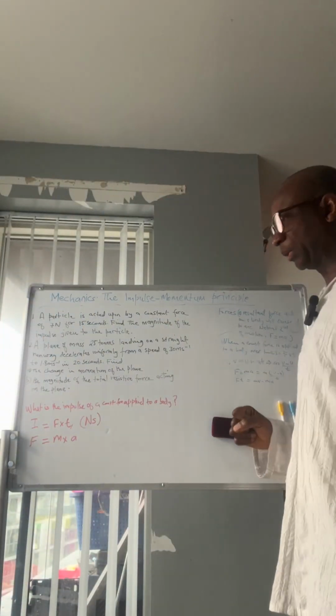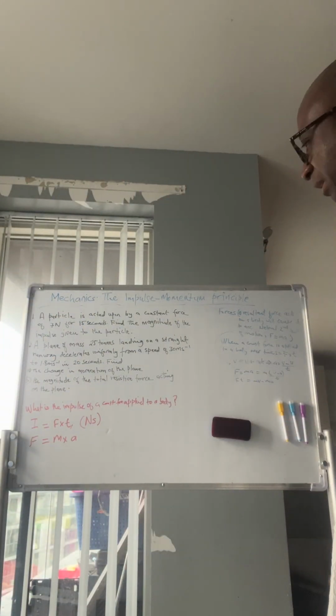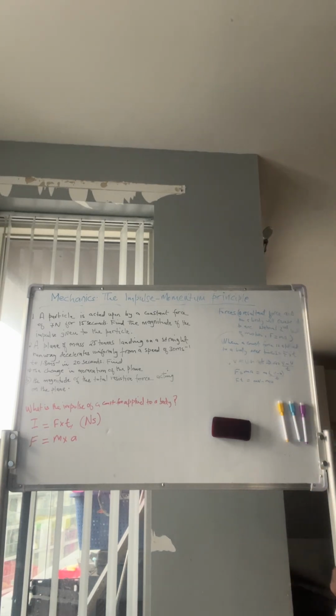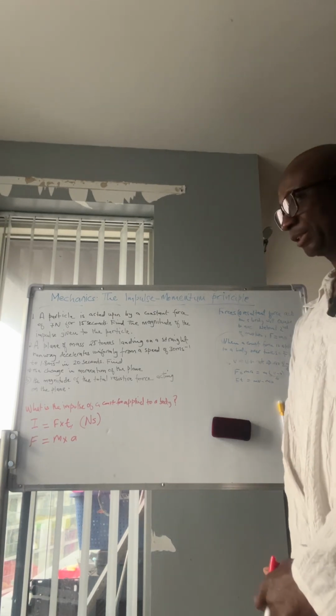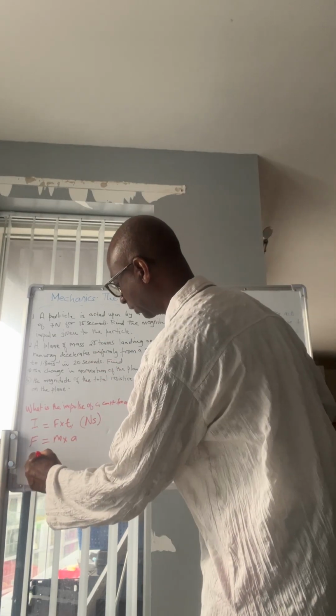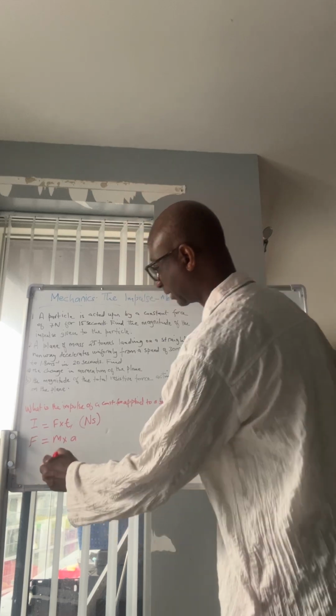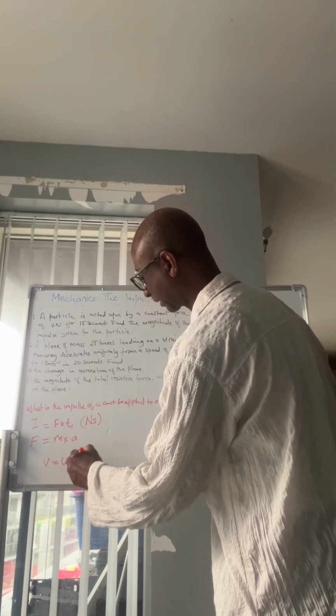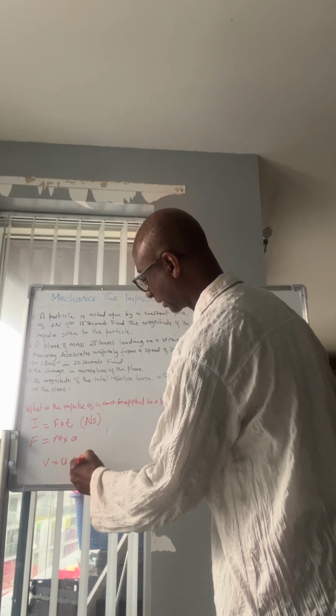You know that according to the laws of motion, when the acceleration is constant, the final velocity v equals the initial velocity u plus the acceleration of that body times the time.